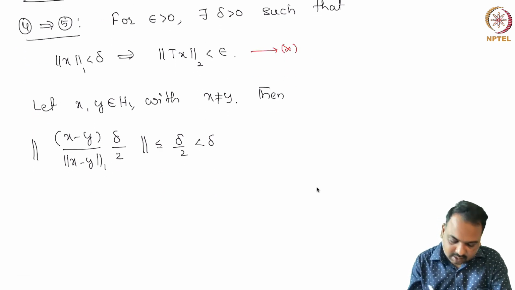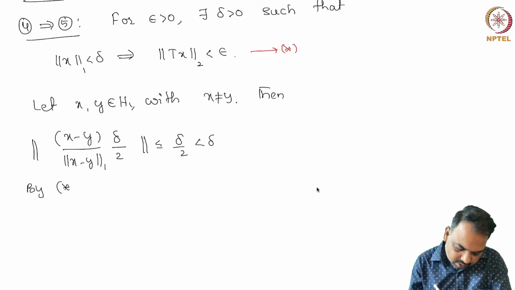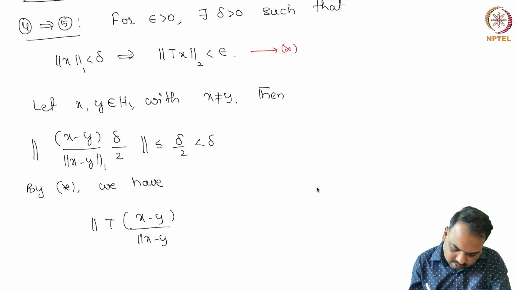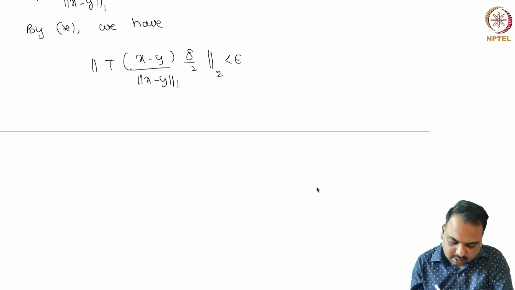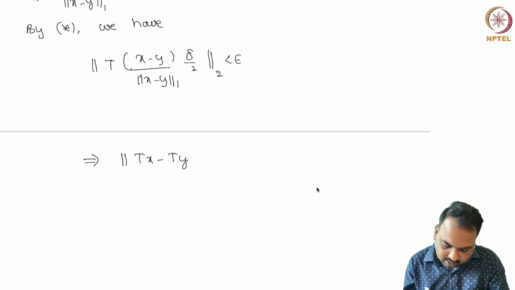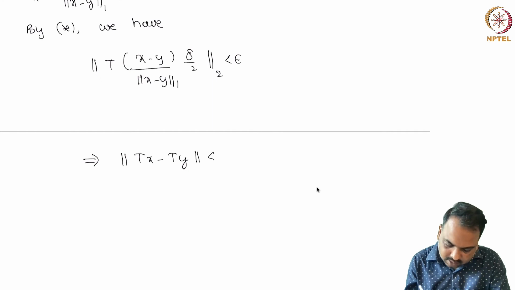So by star, we can say that the norm of this whole element, x minus y by norm of x minus y times delta by 2, is less than epsilon. So this implies that norm of Tx minus Ty, because T is additive, is less than or equal to epsilon times norm x minus y, divided by delta.